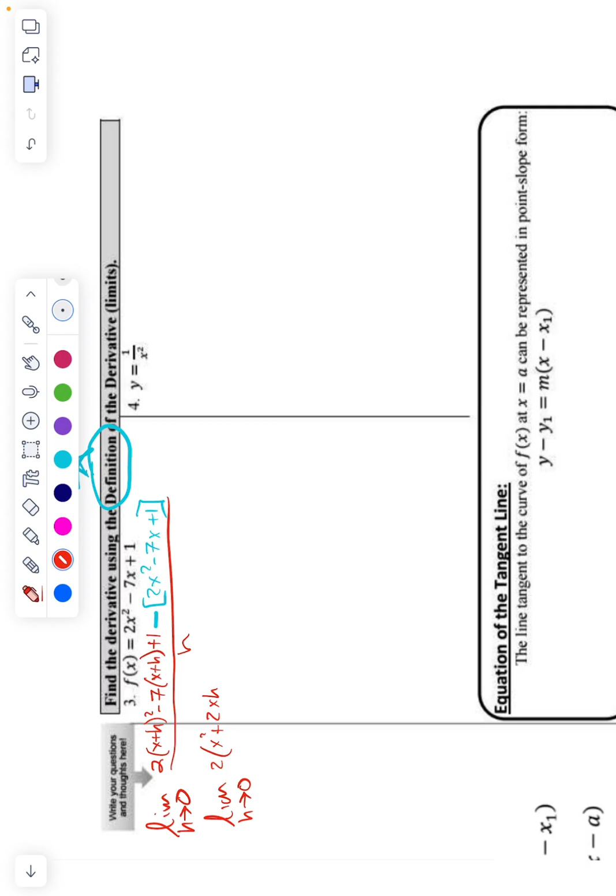Yeah. Are we trying to find the tangent line of a specific one right now? No, we're actually taking the derivative of this function. Okay, so I'm glad you asked. This function is a parabola, right? Everybody see that? Yes. This is just some parabola.